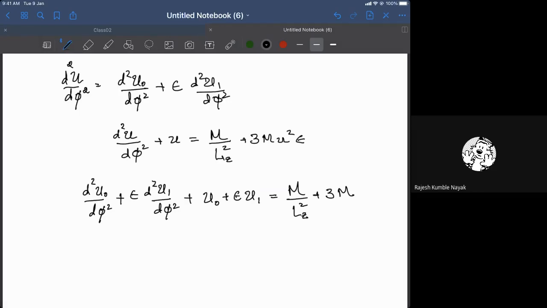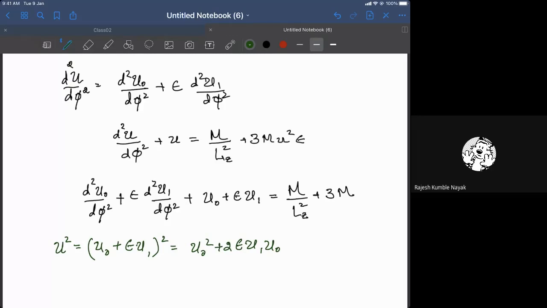Let's quickly see it. U square, when you properly expand to the first order, this is squared. To first order, it would be u naught square plus 2 epsilon u1 u naught. You are ignoring all the higher order terms.